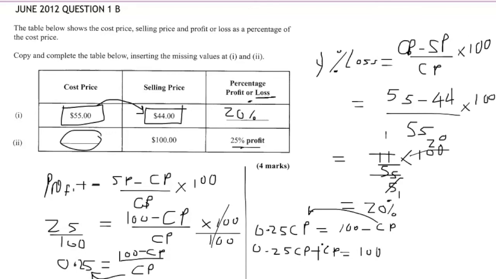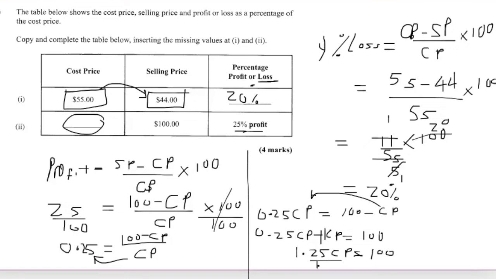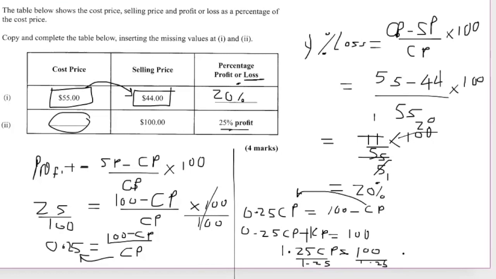This is like a variable, so that's like 1 CP. So 1 plus 0.25 gives you 1.25 CP is equal to 100. Then we divide both sides by 1.25. So dividing it, the cost price is equal to $80.